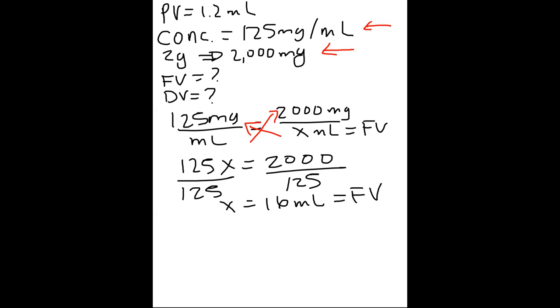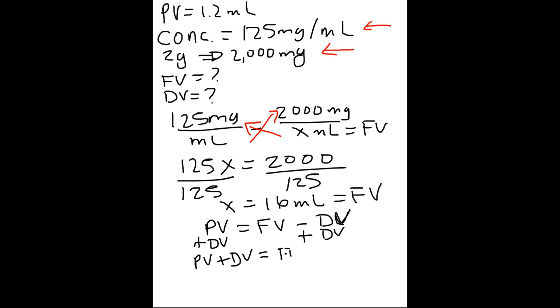Now we can set up our equation. Our powdered volume is equal to our final volume minus our diluent volume. In order to find diluent, we have to add dV on both sides. So PV plus dV is equal to FV.